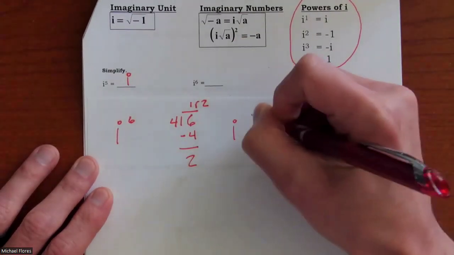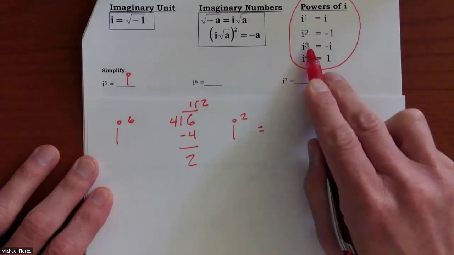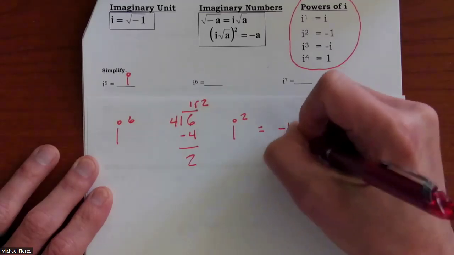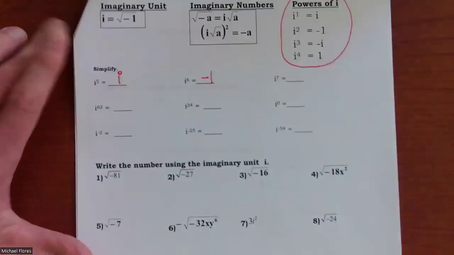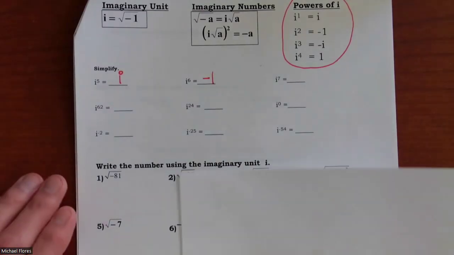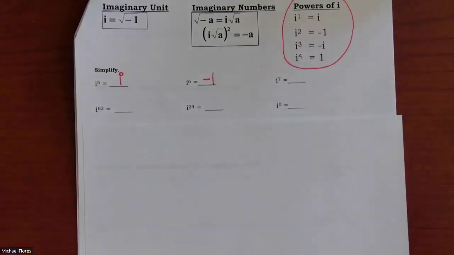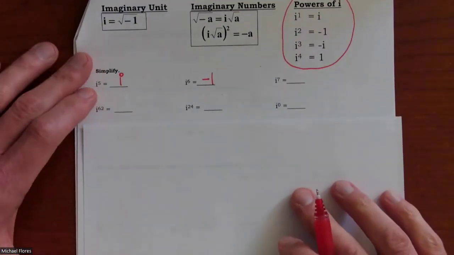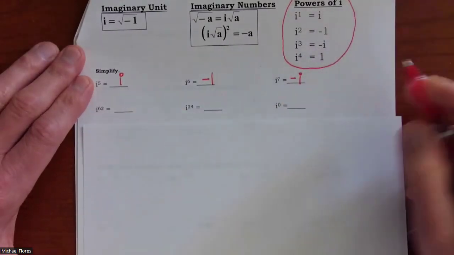Whatever the remainder is, that's the new exponent, and according to our chart here, i squared is the exact same thing as -1. And then so on and so on. Let's not do i to the seventh because I bet you can probably figure out what that's going to be without us having even done it. It'd be negative i, by the way.